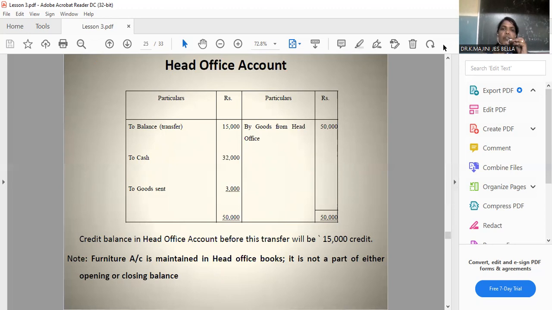Just to total all the values, and goods from head office, we have received goods from head office 50,000, right? Head office for the branch account 50,000. Just to total it. Here I have given some notes. Credit balance in head office accounts before this transfer will be 15,000. Then the furniture account is maintained in head office books. It is not a part of either opening or closing balance.